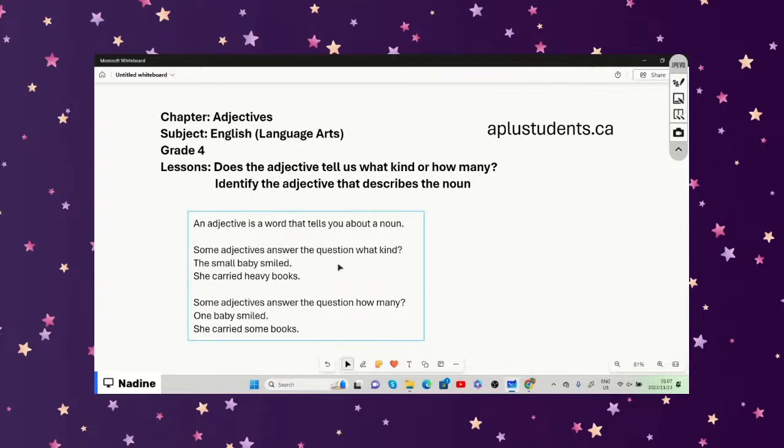And if we look at an example of adjectives that answer the question what kind, it says, the small baby smiled.